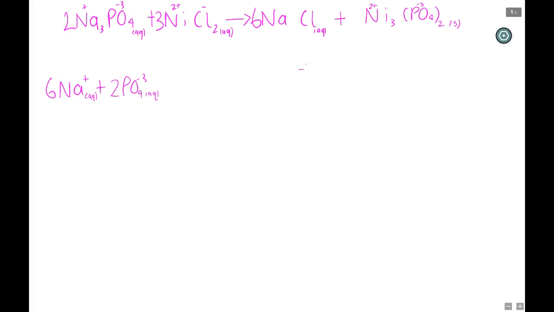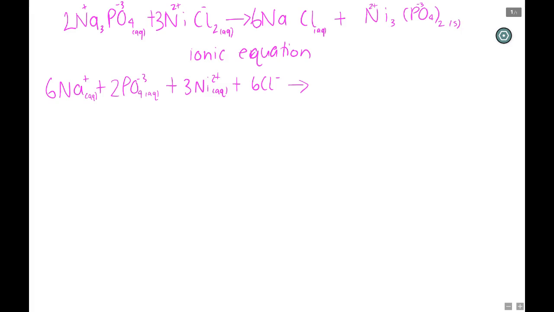And I just realized that I've written that just a little bit too low. And then our nickel, which is also aqueous, and our chloride, which is also aqueous.